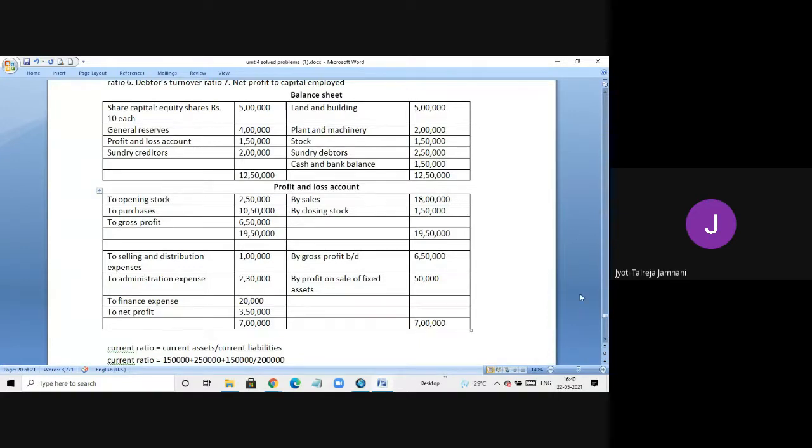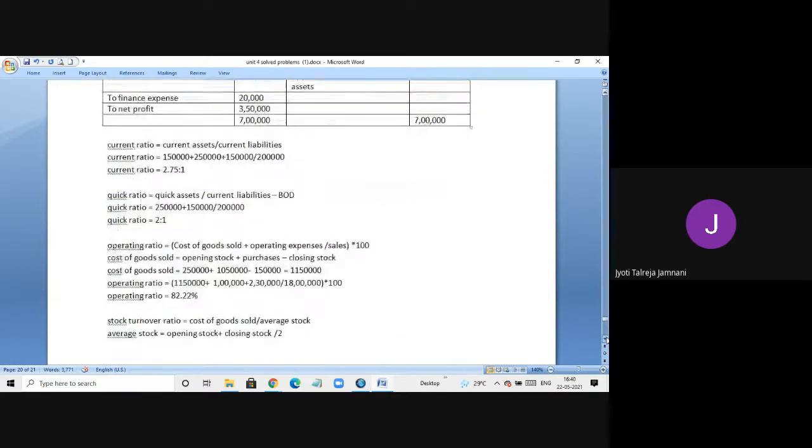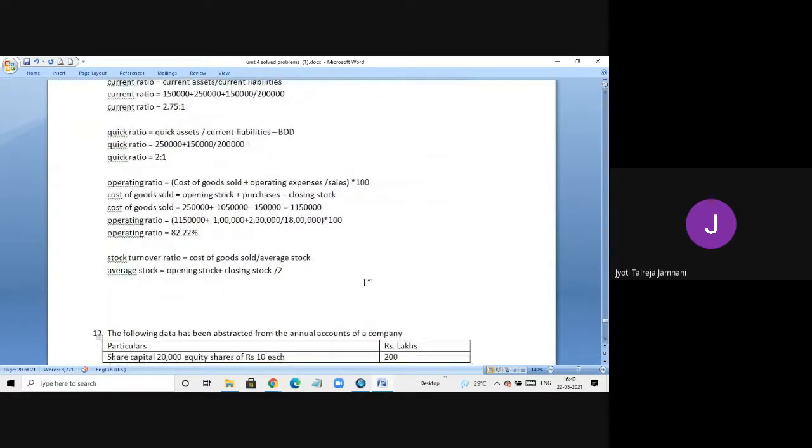So average stock equals opening 2,50,000 plus closing stock 1,50,000 divided by 2. If I do that, I get the average stock, which is 2 lakh rupees.